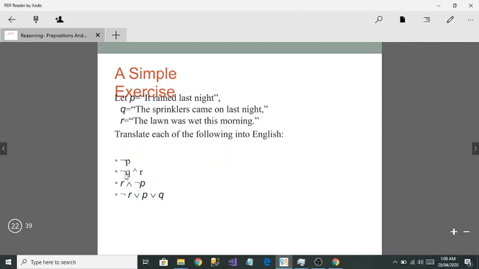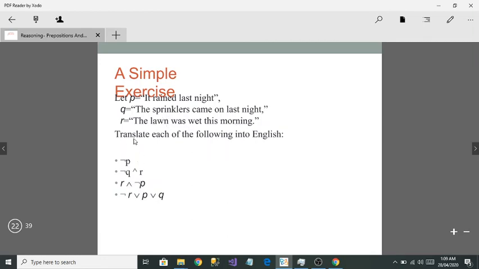So you have to add negation, and then negation Q will be the sprinklers had not come on last night, or and the lawn was wet this morning. So this is Q, negation Q and R.